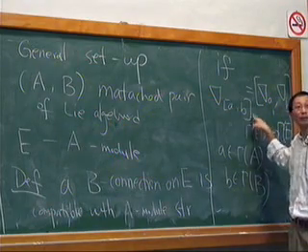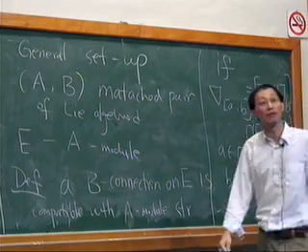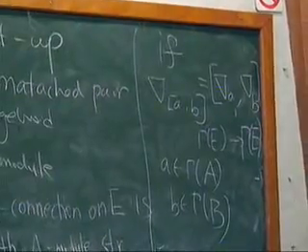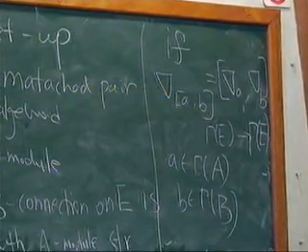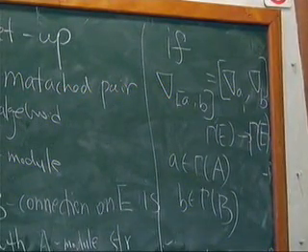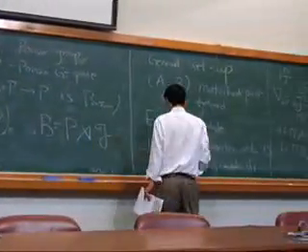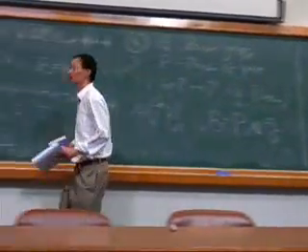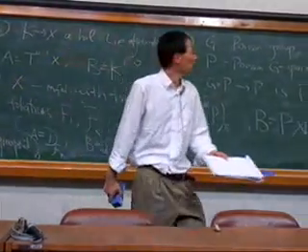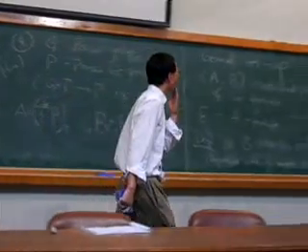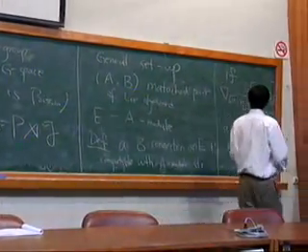Here the A B bracket exists because I assume a matching pair. So if I have a matching pair, you can take a bracket on A plus B, and then you still have an A part and a B part. So why is this flat? A bracket B is in A plus B. Which connection will we use here?